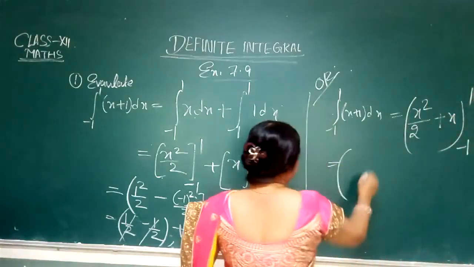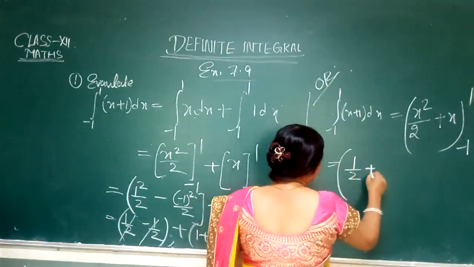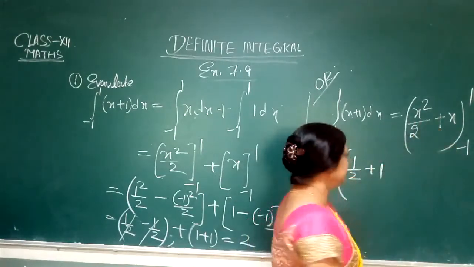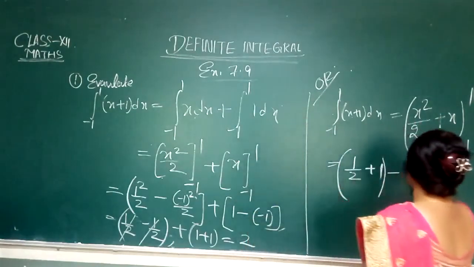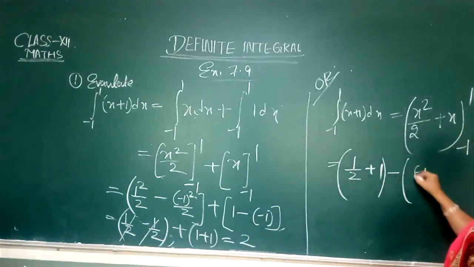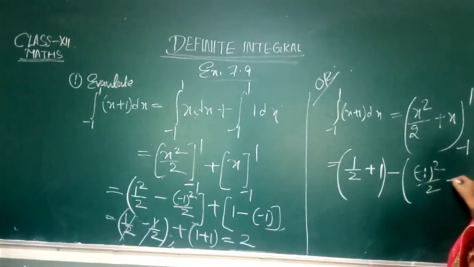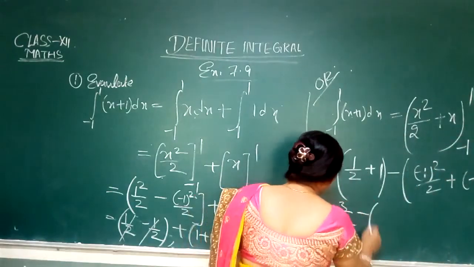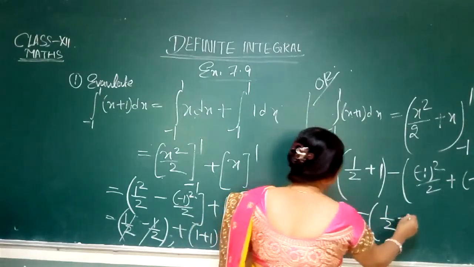After that you can write 1 upon 2 plus 1, means first you apply the upper limit in both the cases, then minus the lower limit, minus 1 square upon 2 plus minus 1. After that it will come 3 by 2 minus 1 by 2 minus 1.